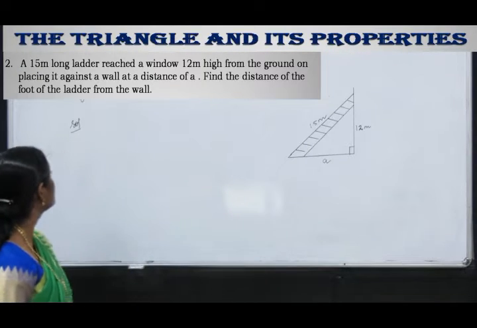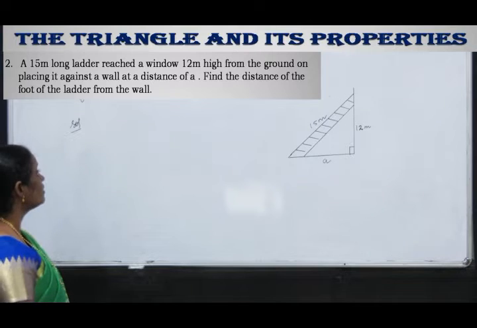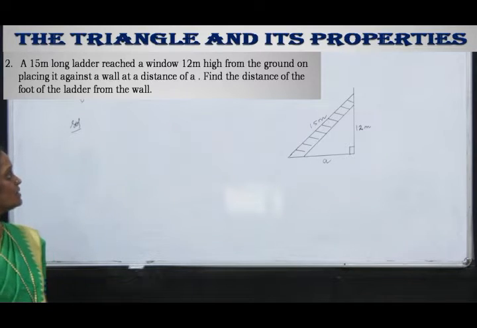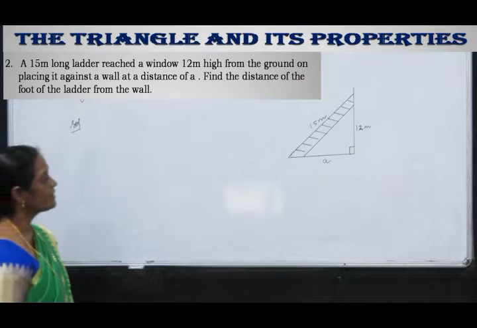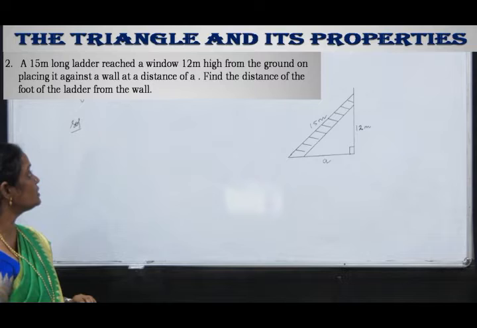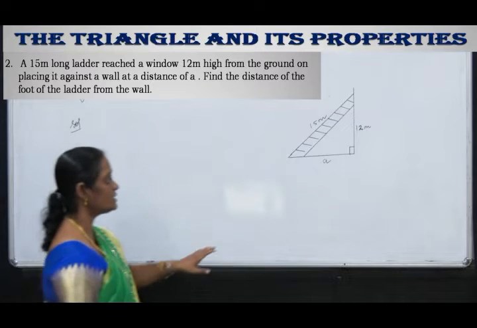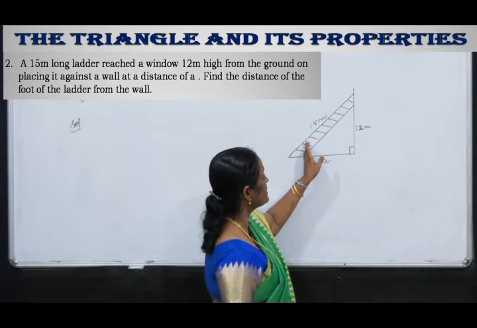Next question, a 15 meter long ladder reached a window 12 meter high from the ground on placing it against a wall at a distance of a. Find the distance of the foot of the ladder from the wall. Here it is placed to reach a window 12 meter high. Here it is the window. A ladder is placed here.